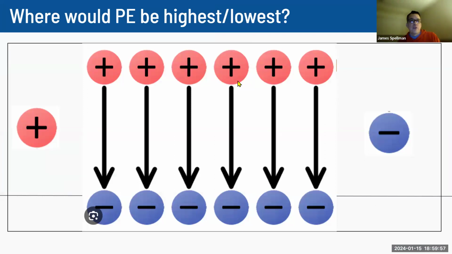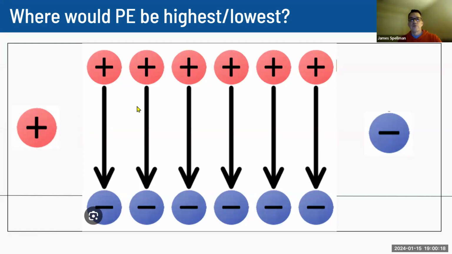All right, in this last screen, I'm giving an illustration: if we had a row of positives and a row of negatives, where would the potential energy be the highest and lowest for each of these particles? So if I took this positive charge and placed it somewhere in here, where would it have the highest potential energy? It's going to have the highest potential energy closest to a like charge.